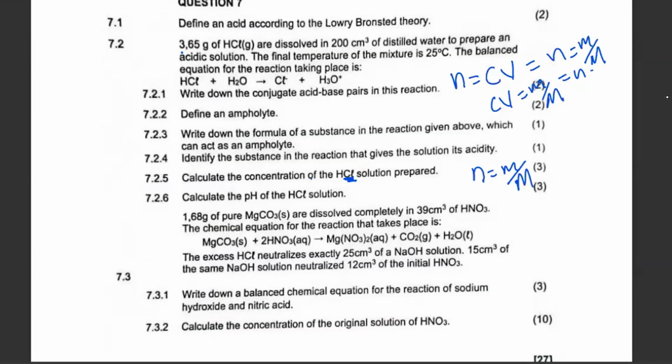So since I know my volume, I'll multiply it by the molar volume.